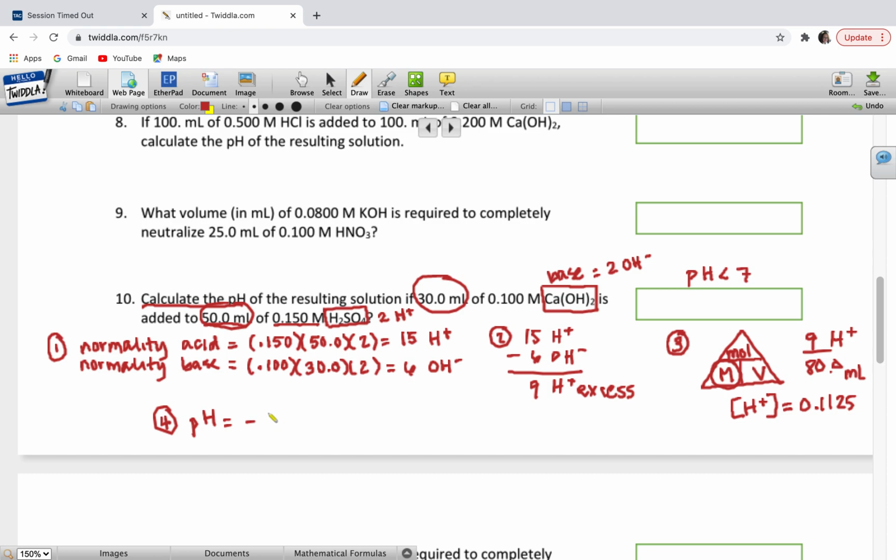It's the negative log of your hydrogen ion concentration. Log is just a button on the calculator. So you're literally going to punch in the negative button, then the log button, which is on the left side of your calculator, and then you're going to put in this number right here for our hydrogen molarity, 0.1125.